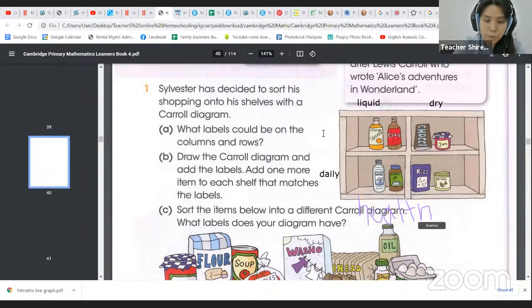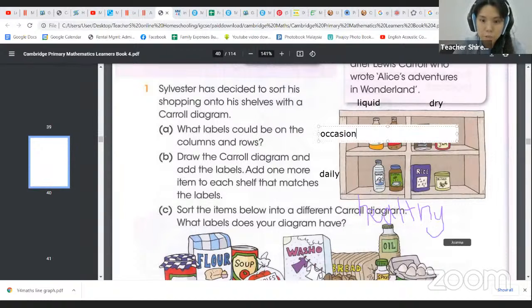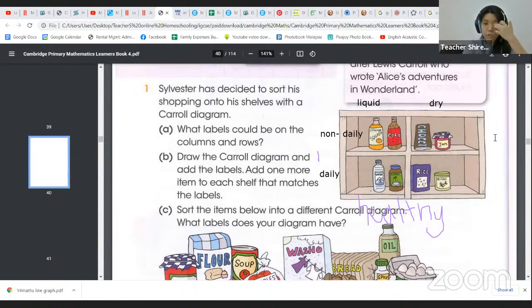The opposite is occasional food, or not daily food. That's pretty much how you label it. It's always opposite: these two are opposite, and these two are opposite.